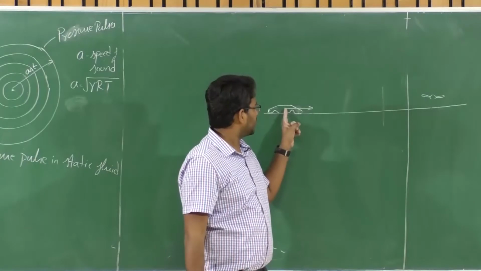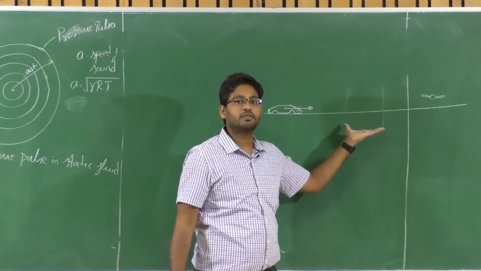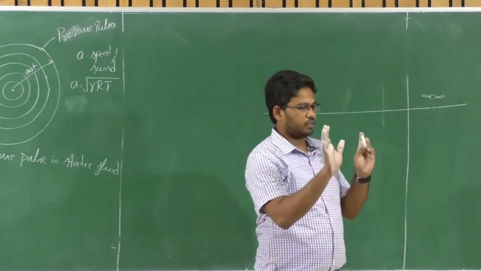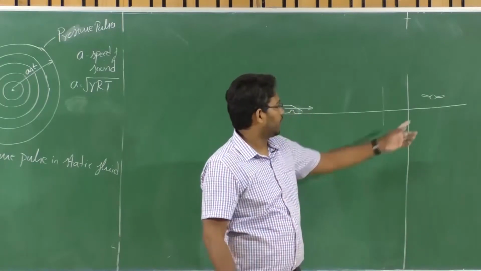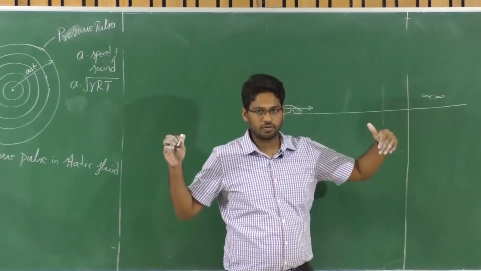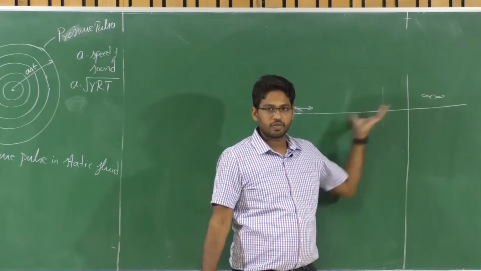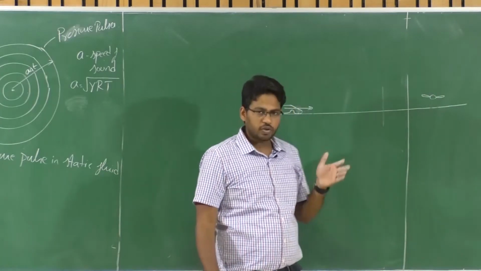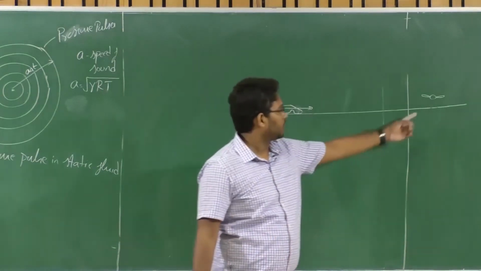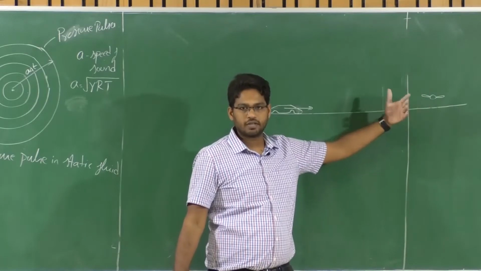Let us say you are traveling at a much higher speed. As I told you, this disturbance travels at the velocity of sound, right? Let us say you have increased the speed to a higher amount, right? So the bird should have better reflexes, isn't it, to escape into the flow. Why? Because the reaction time it will have is much lesser compared to the earlier case. Now assume a case when you are traveling with the velocity of sound, right? The moment it feels the disturbance, you will hit the bird at the same moment, right?